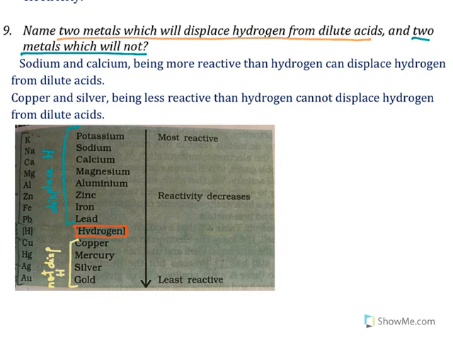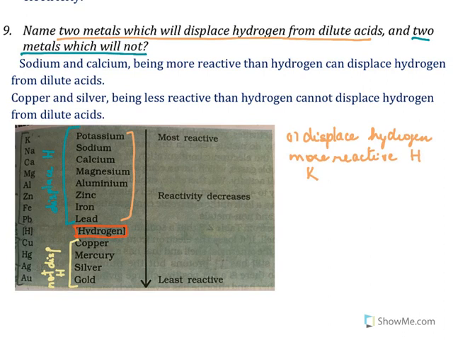So now we've got to find elements that will displace and elements that will not. Metals, any of these you can write. For the first one, that will displace hydrogen, displace hydrogen means they are more reactive than hydrogen. And there is potassium, sodium, calcium, magnesium, aluminium, zinc, iron and lead.